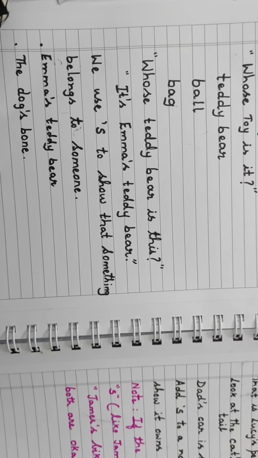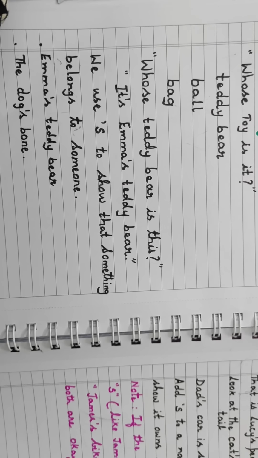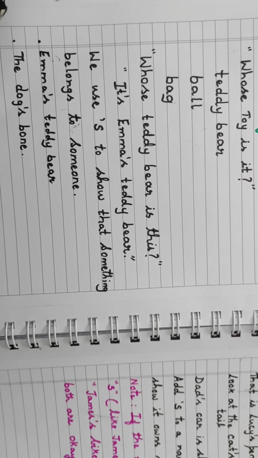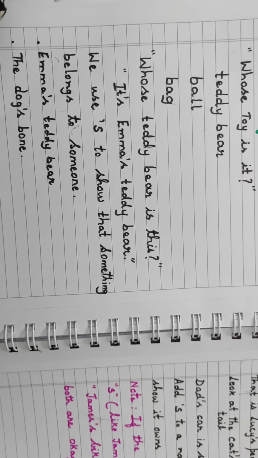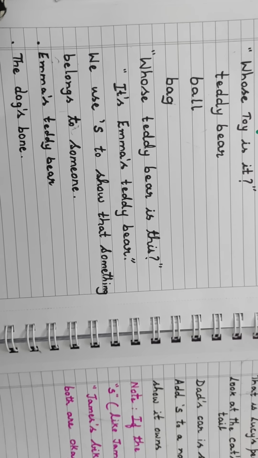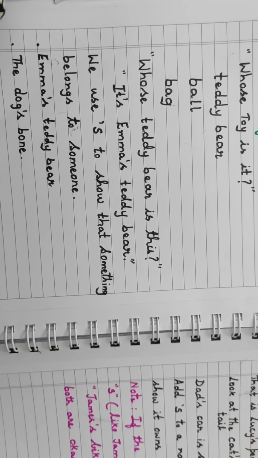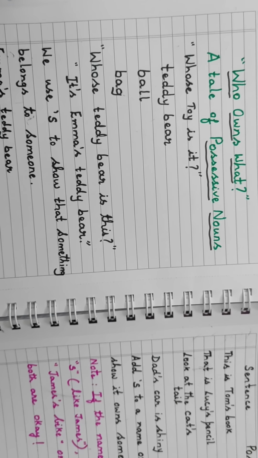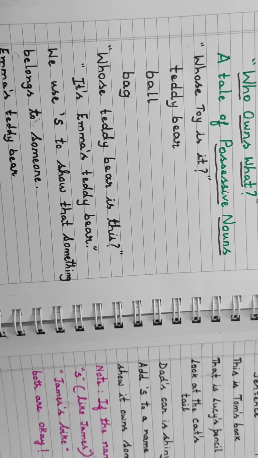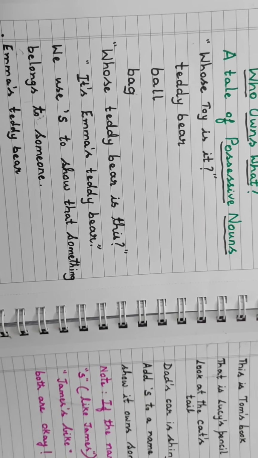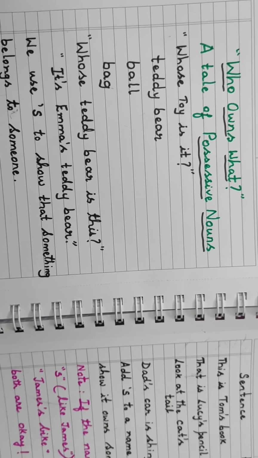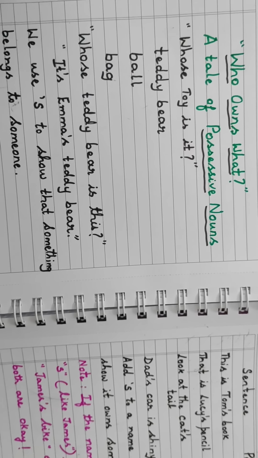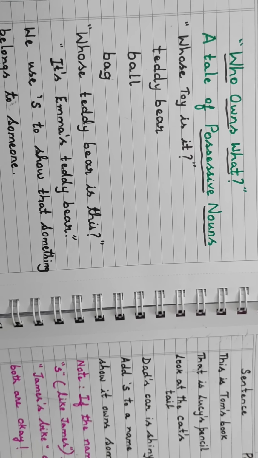When you write apostrophe S, it means that particular thing belongs to that person. So we had taken the examples of teddy bear, ball, bag also. You can say, it is my friend's bag. Friend's bag.